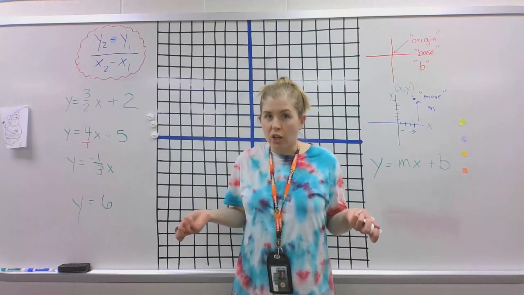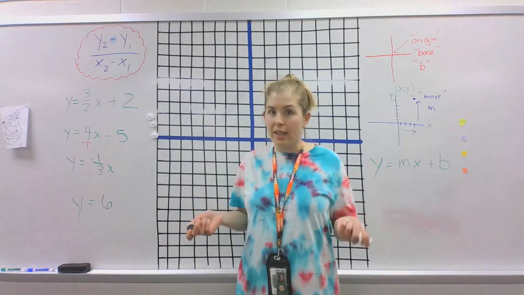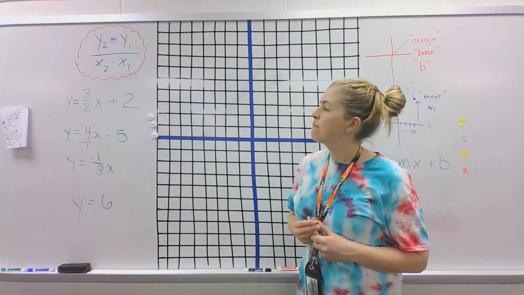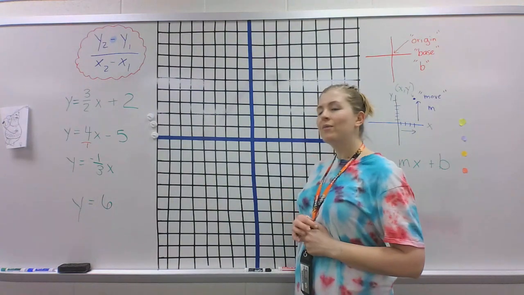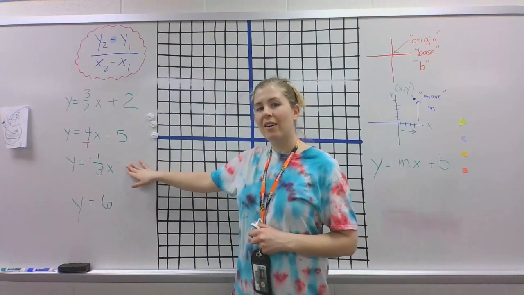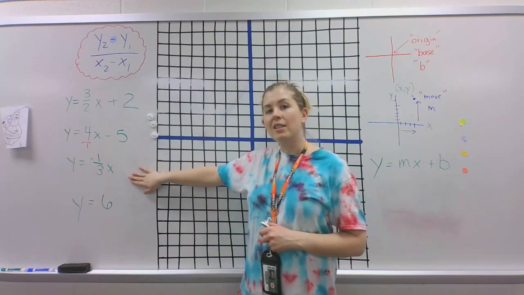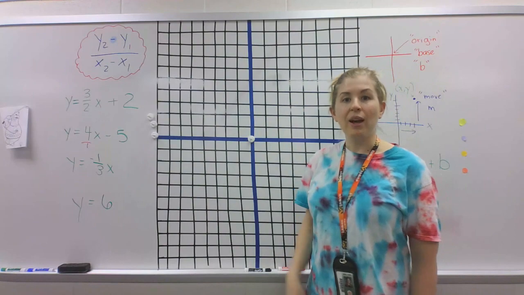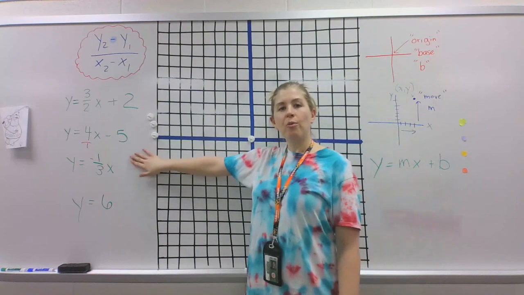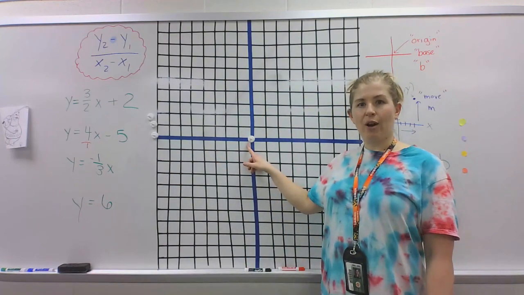That tells us where to start. That's b. We need a y-intercept. Oh, if there's nothing there, it might be a 0. Yeah, I think it's exactly right. When there's no b, you would start at 0.